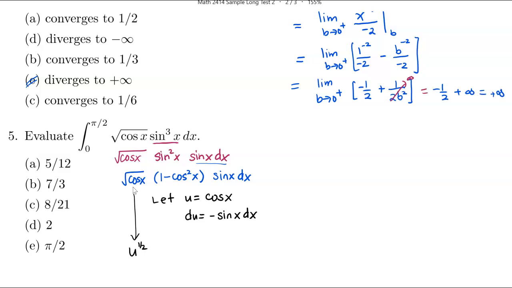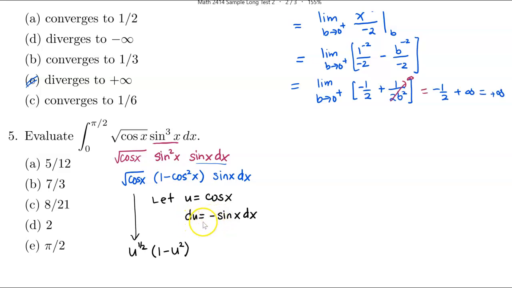Square root of u is u to the 1/2, times 1, you copy 1, and then cosine squared x, since u is cosine x, becomes u squared. So minus u squared. And then the sine x dx here is just negative du.